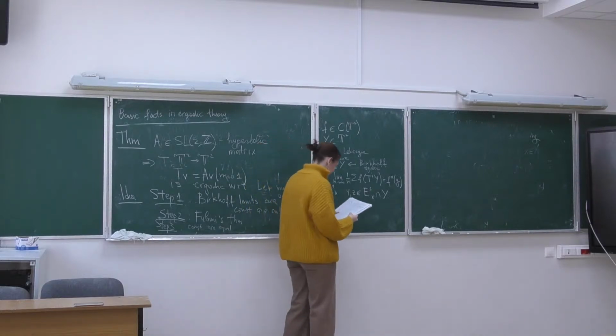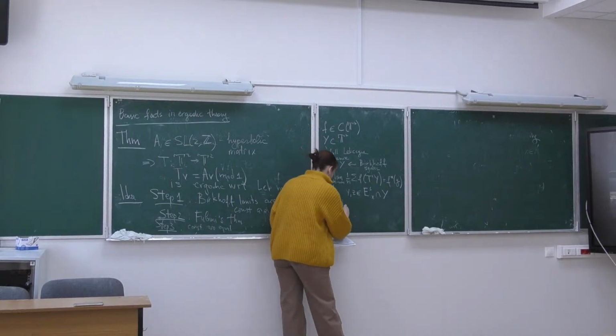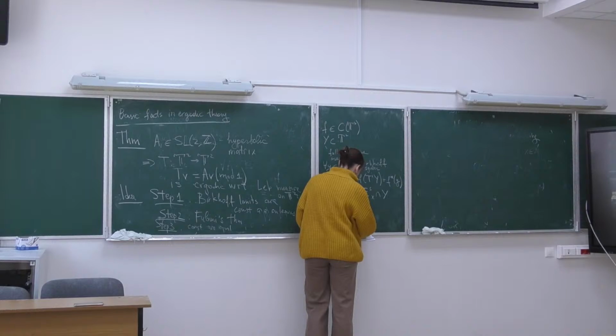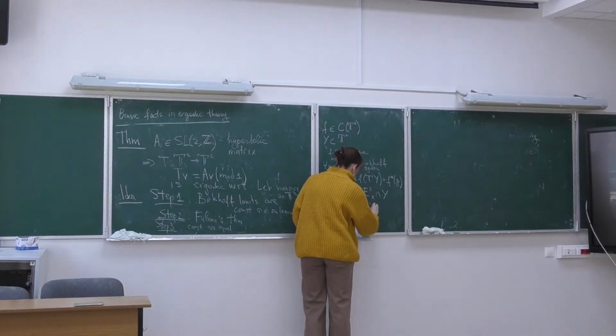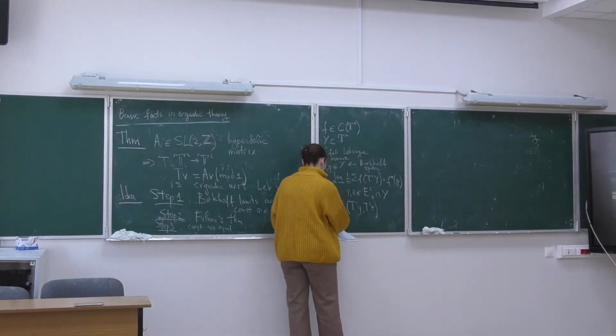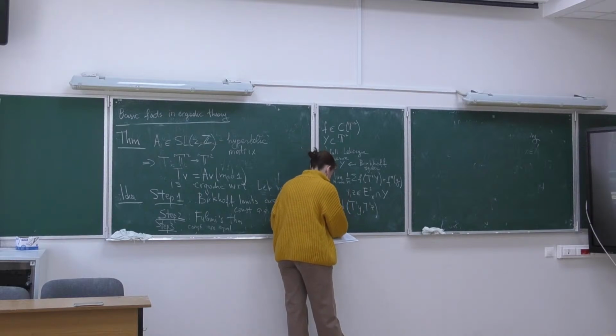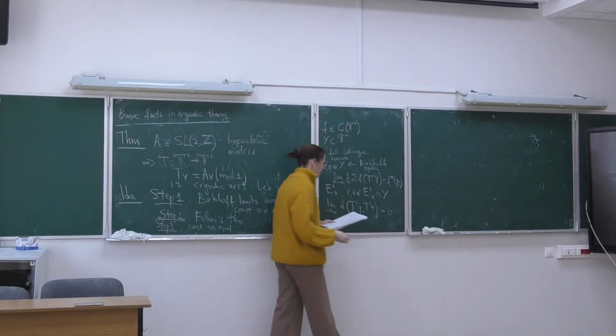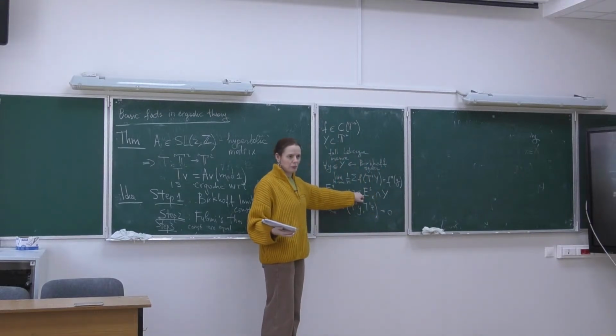Then we can say that the distance between T^i y and T^i z, when we consider the limit as i goes to infinity, should be 0. Why? Because we belong to the stable leaf.